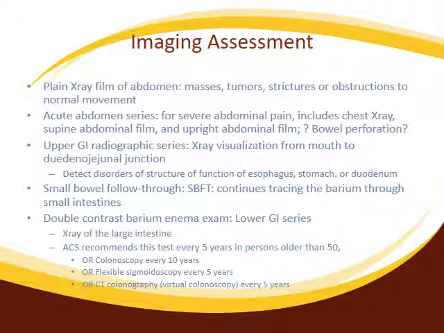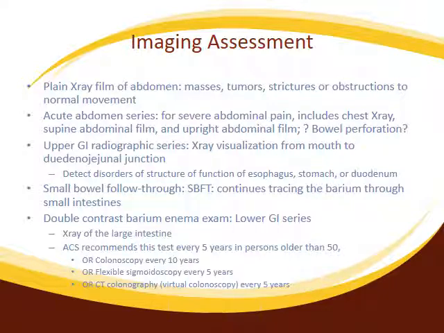Then we're going to talk a bit about imaging assessments. There's a ton of them written in the book. I am not telling you about all of them, but I pulled some out that I thought were the more main ones to use. We have the plain X-ray films of the abdomen. Those can look for masses, tumors, strictures, or obstructions to normal movement of the bowel.